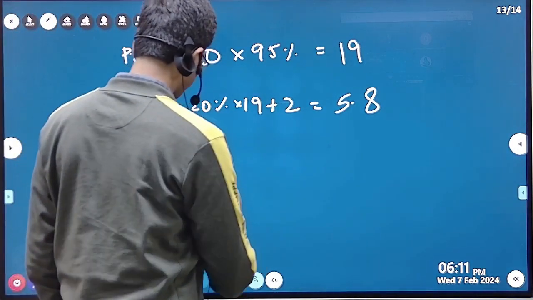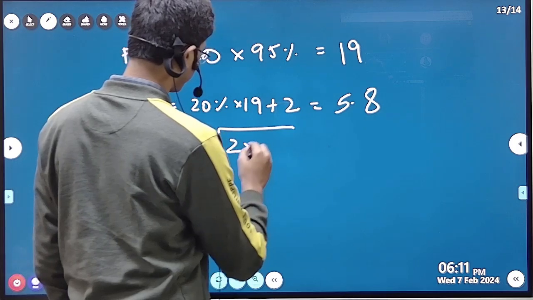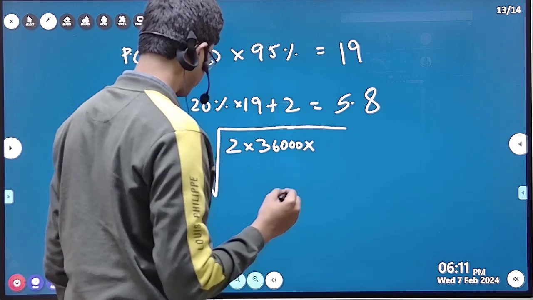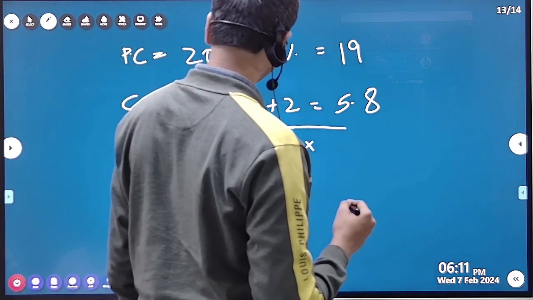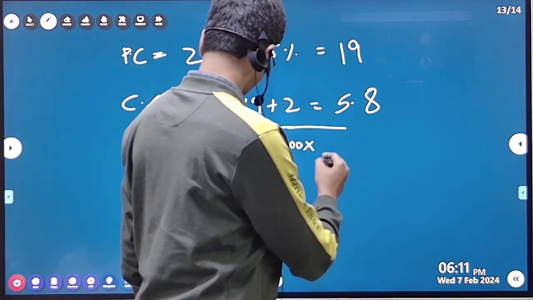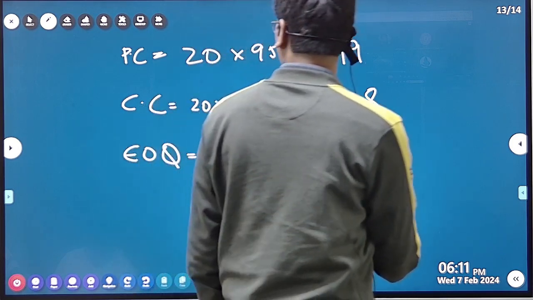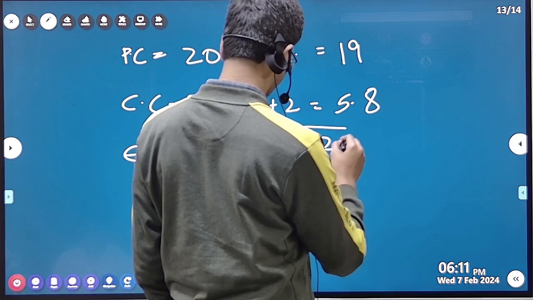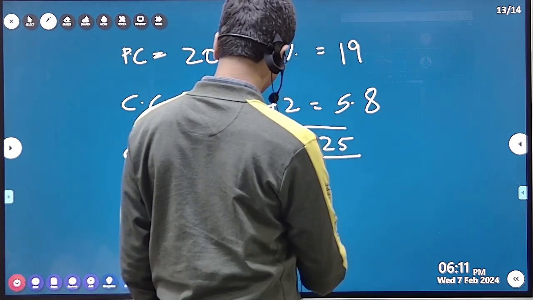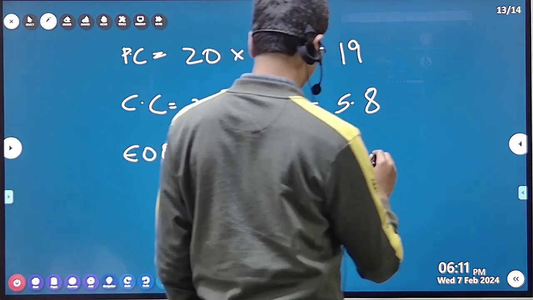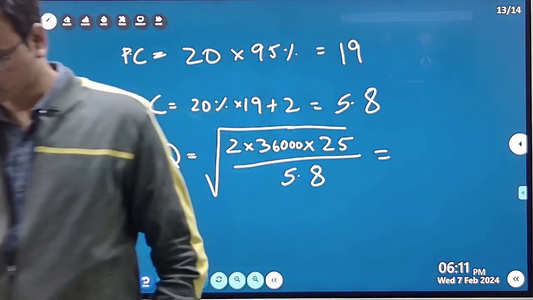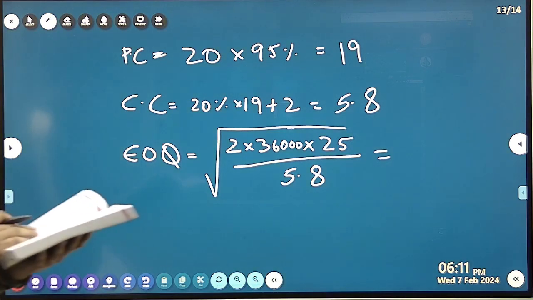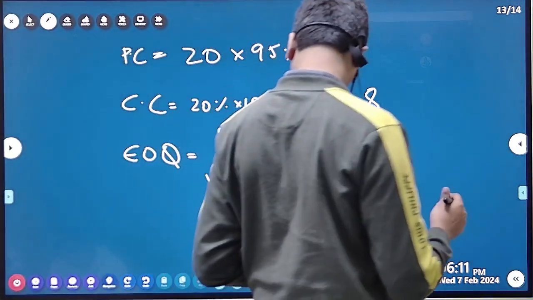So EOQ comes to root of 2 into 36,000 into 25 divided by 5.8. How many units does this come to? 557 units.